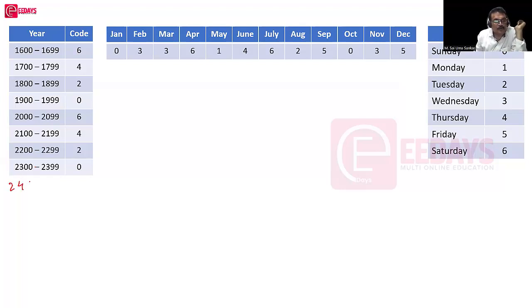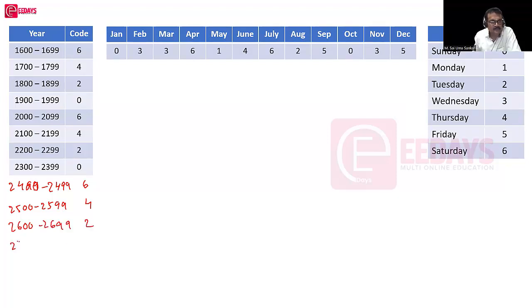Suppose 2400 to 2499. What is the code? Again, this cycle repeats. Next, 2500 to 2599, that code is equal to 4. Next, 2600 to 2699, that code is 2. Next 2700 to 2799, that code is 0. Right? Now, suppose what is the next one?